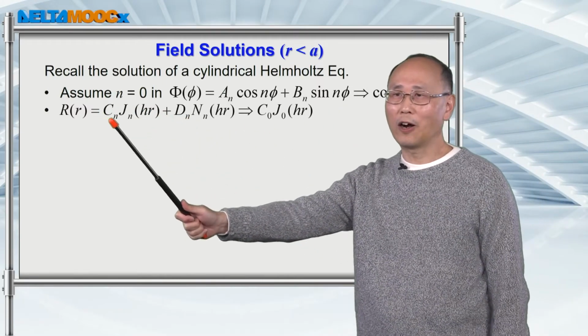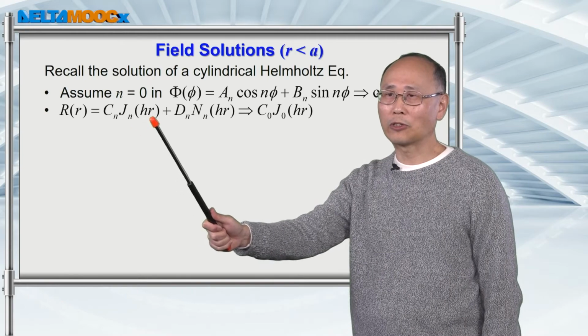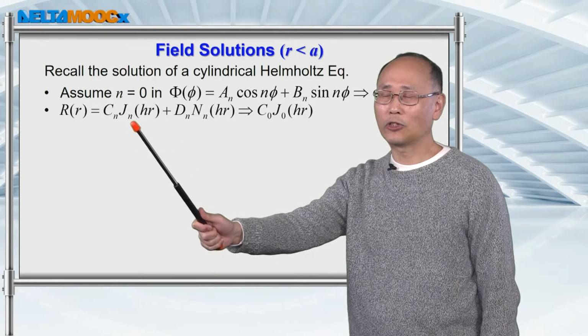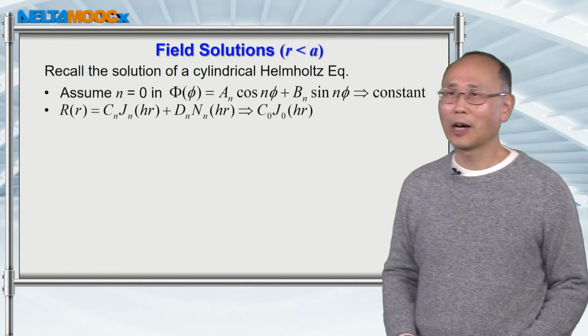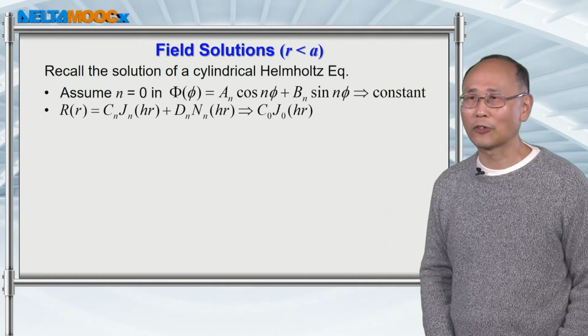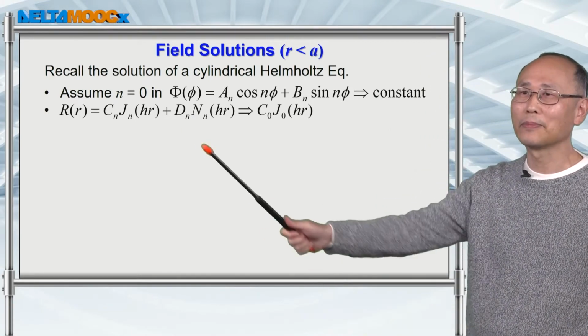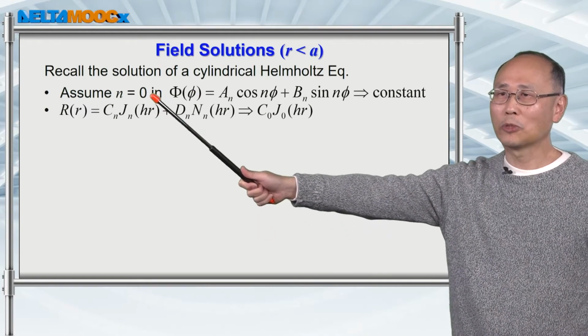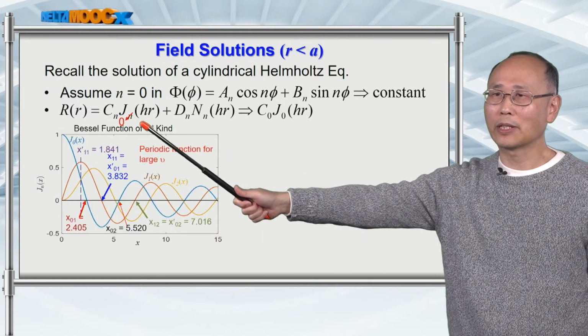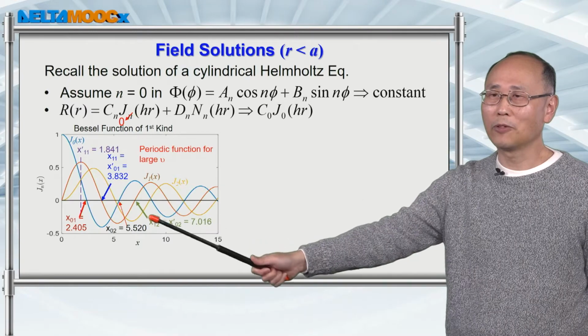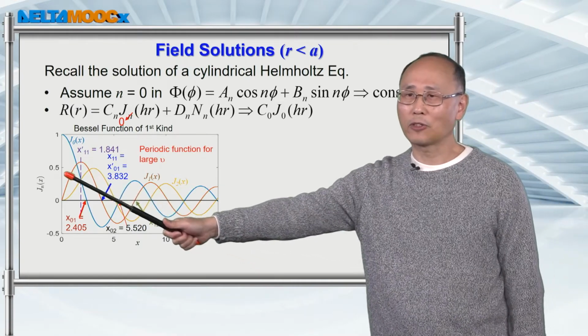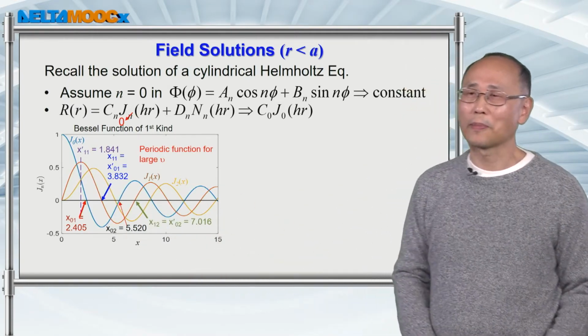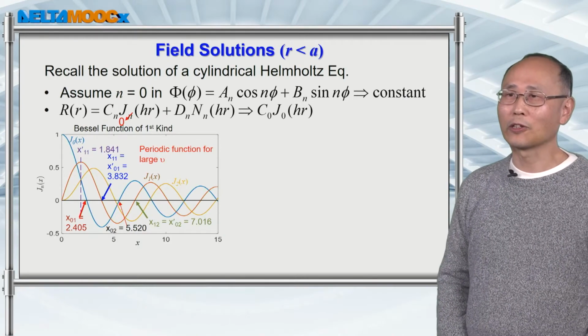But for R of r, you will have a general solution with J and N, which are the Bessel functions of the first kind and second kind. Because we choose n equal to 0, we set this n equal to 0. Remember that we have a Bessel function like this to describe the standing wave along the r direction.